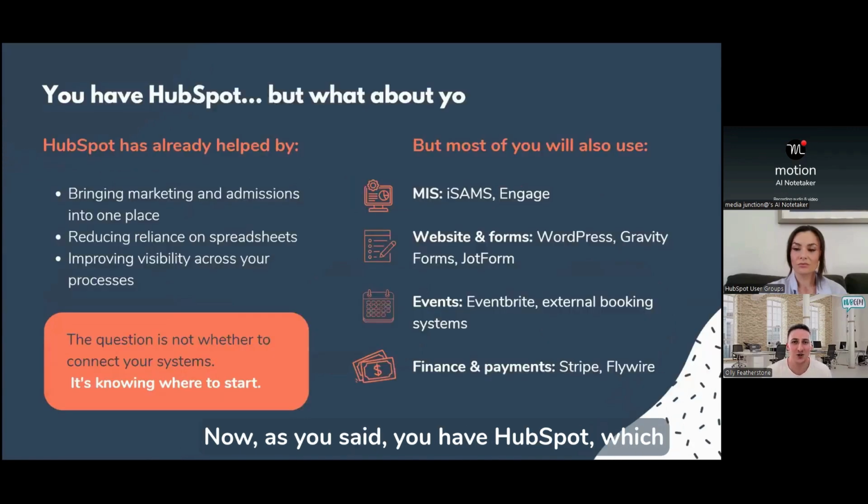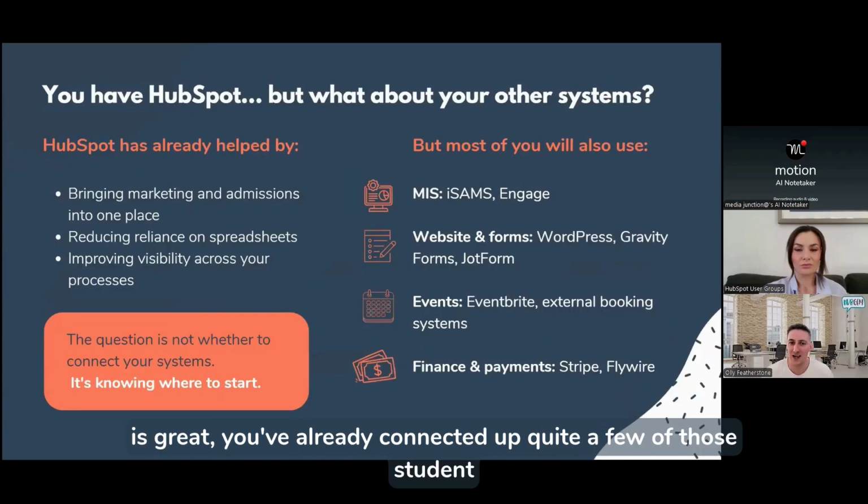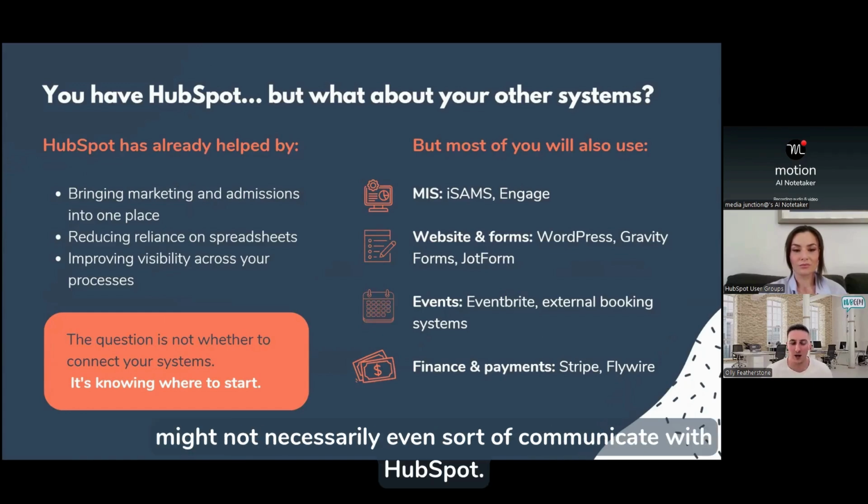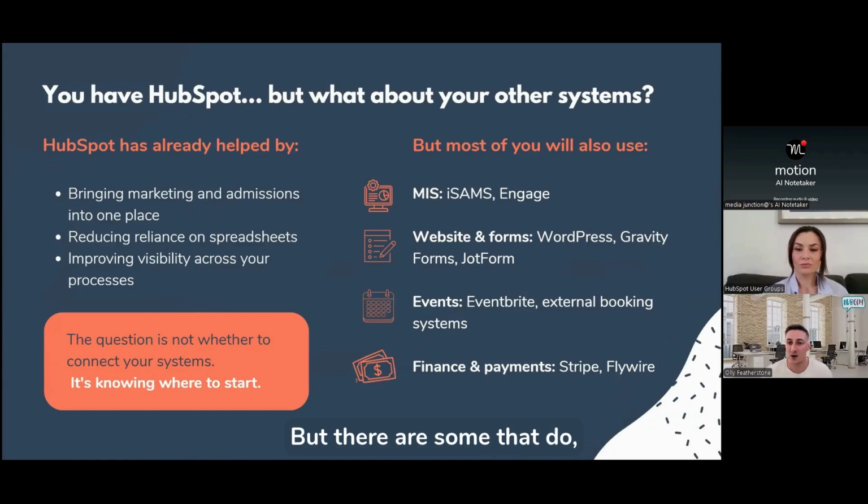Now, as we said, you have HubSpot, which is great. You've already connected up quite a few of those student and prospective journeys, but no doubt there'll be other systems that out of the box might not necessarily communicate with HubSpot, but there are some that do, and we'll get onto that in a little bit.